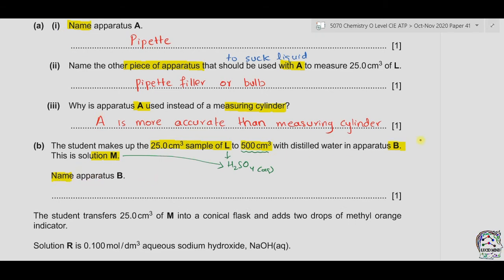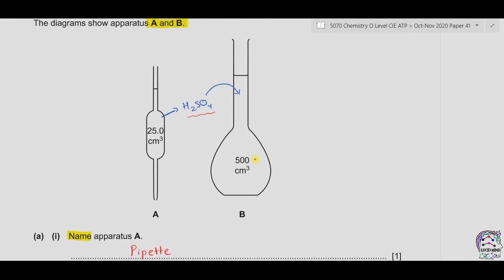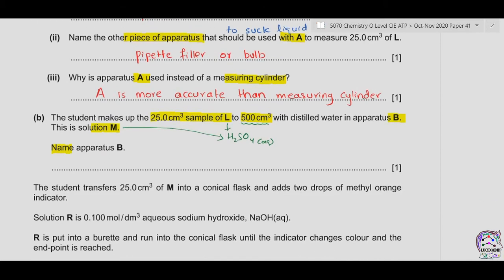Name apparatus B. This is apparatus B. Now there are different names for this apparatus. We can write volumetric flask, standard flask, or graduated flask.